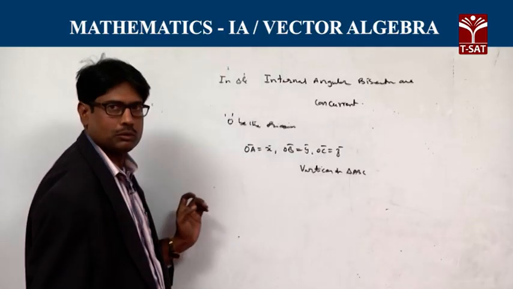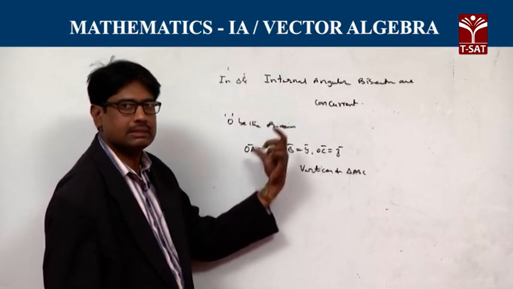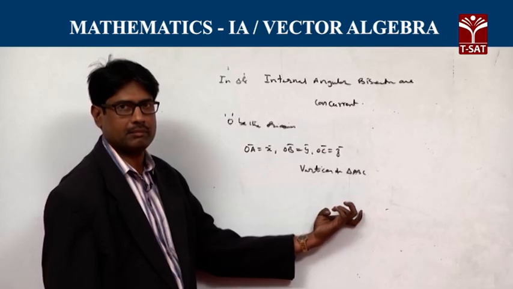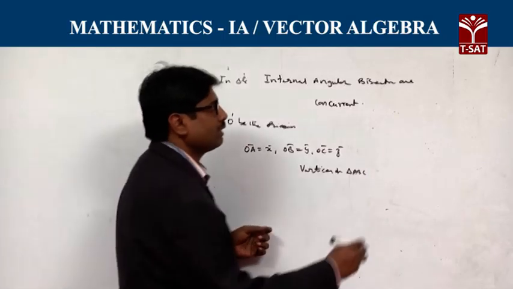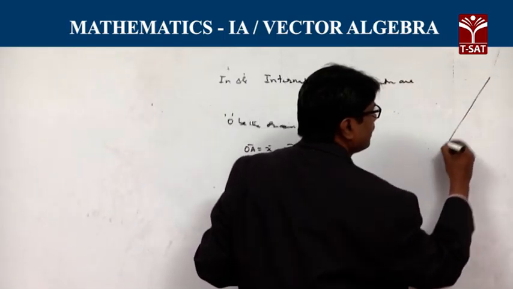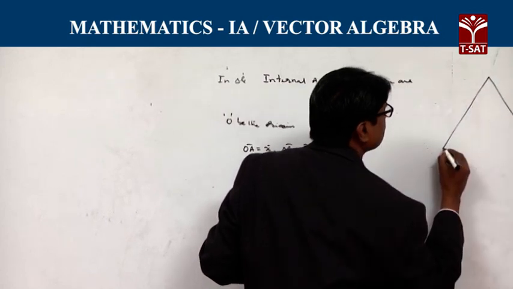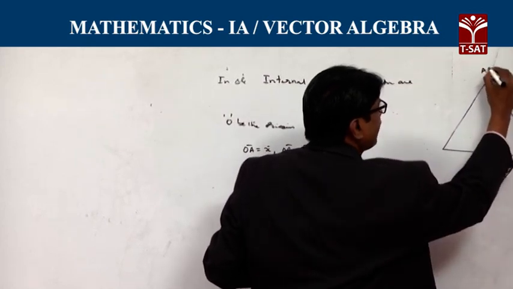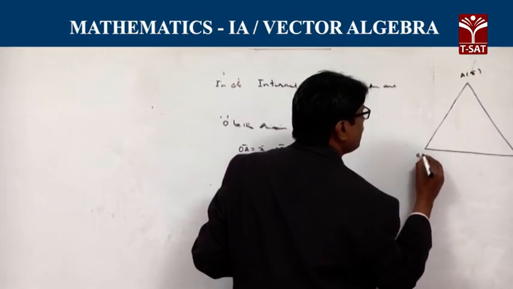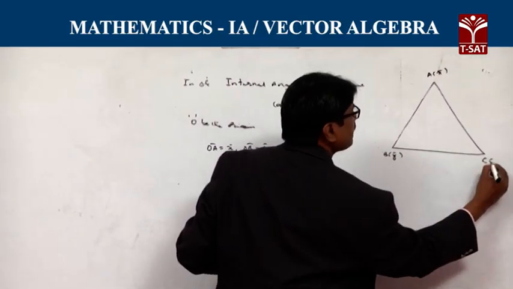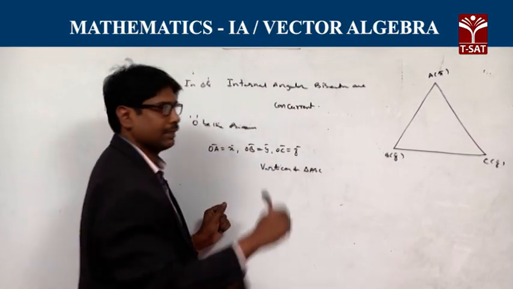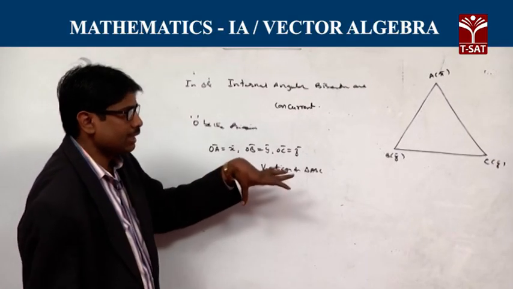Earlier also I told you, the origin may be taken inside or outside, anywhere relative to triangle ABC. Draw one triangle ABC and define the vertices: A x bar, B y bar and C z bar are the vertices of the triangle ABC. Take their lengths.